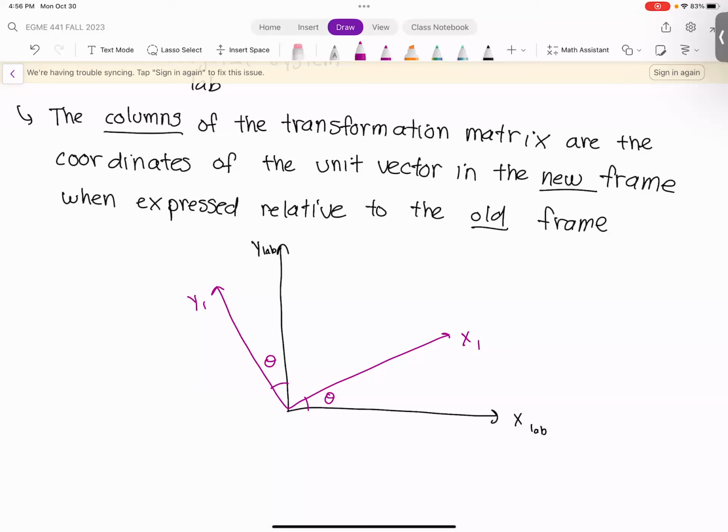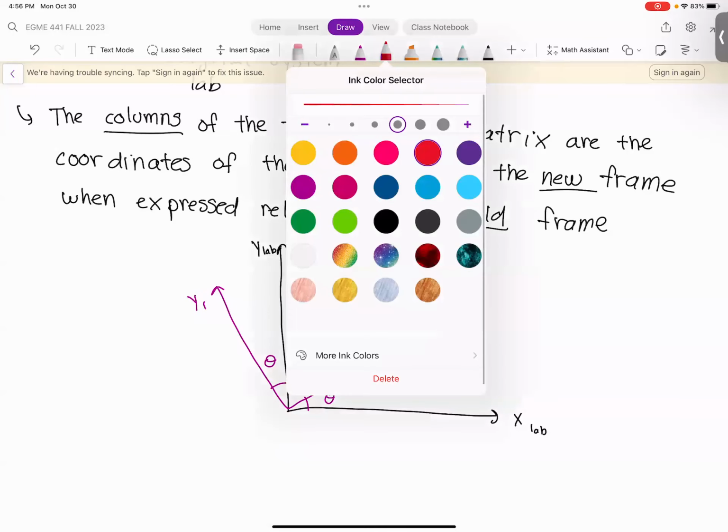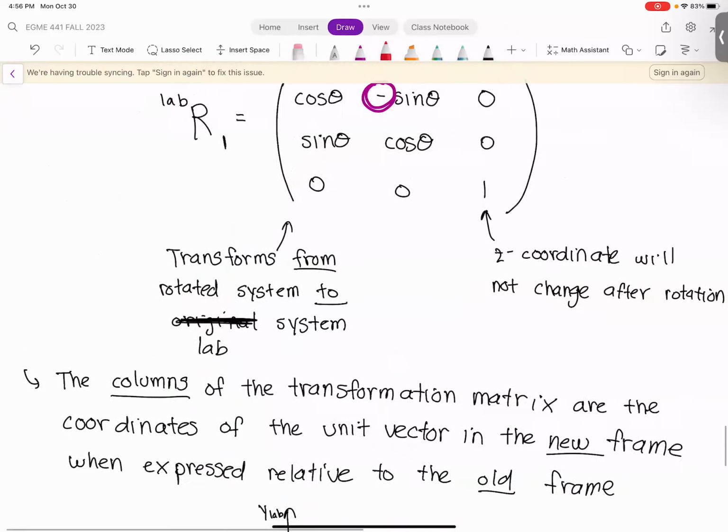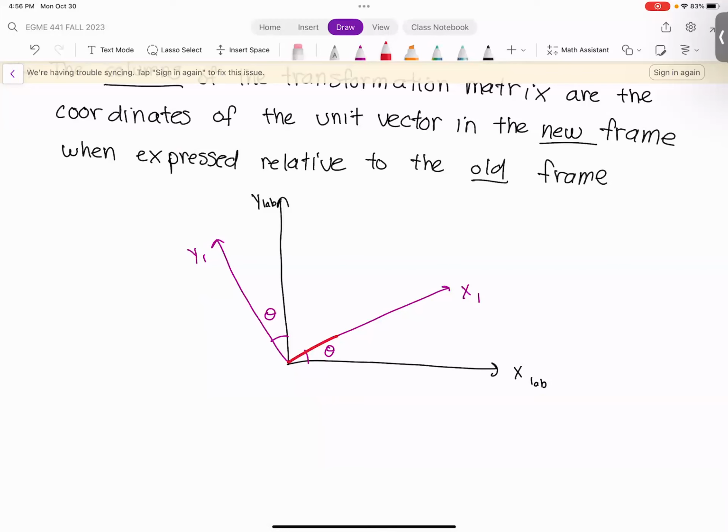Let's look at this definition again. The columns of the transformation matrix are the coordinates of the unit vectors of the new frame. The new frame is x1, y1. So if we draw a unit vector in this direction and a unit vector in this direction, those are the unit vectors in the new x and new y directions.